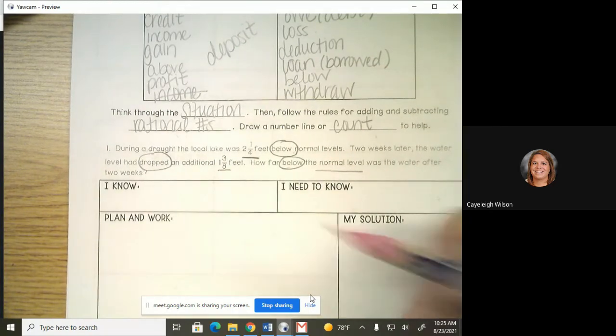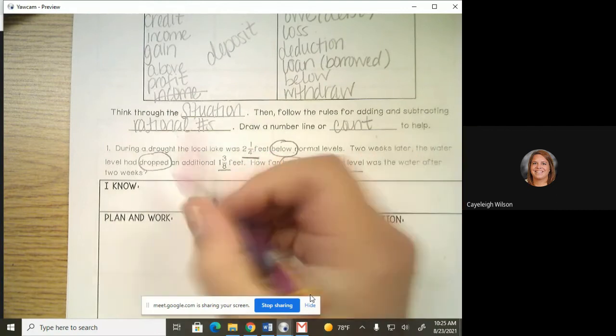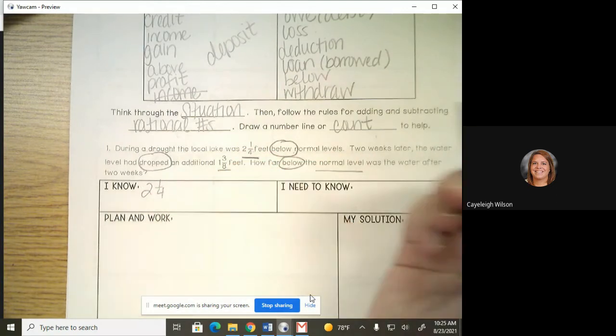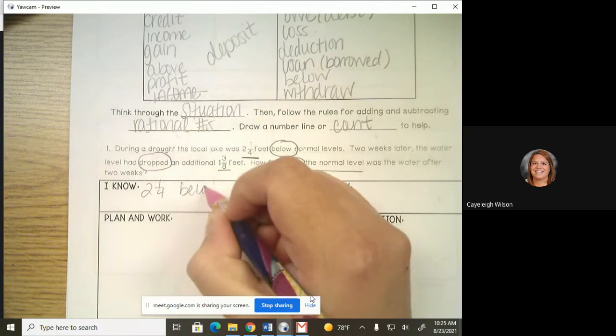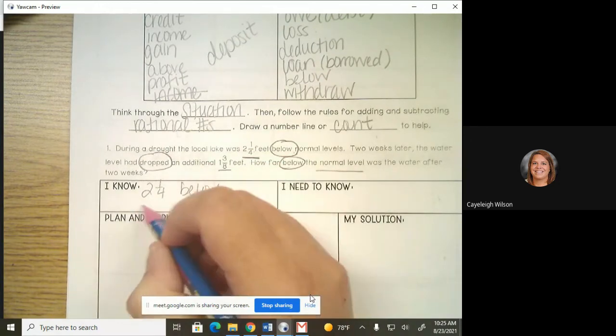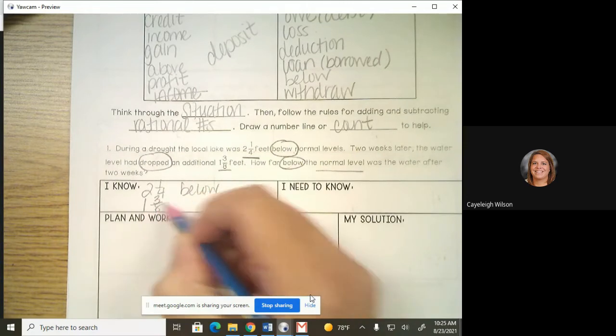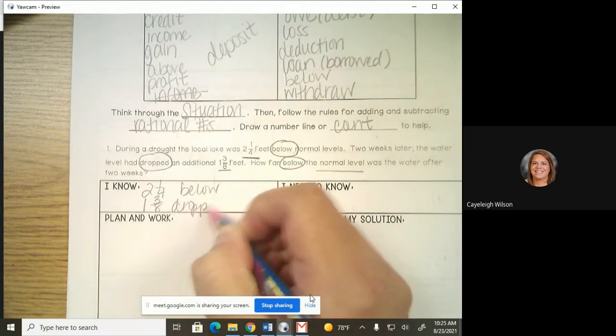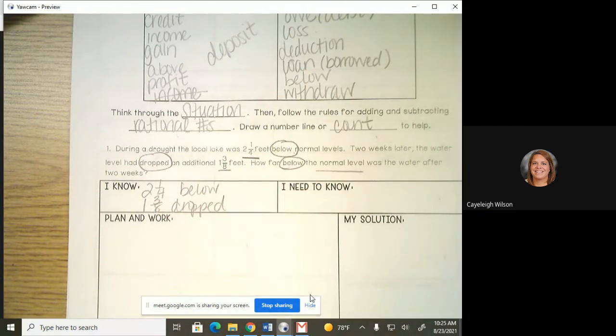So some things that we know is that it was 2 1/4 feet below the normal level, and then it dropped another 1 3/8 feet. Okay, so I know those are the 2 things that I know from reading it.